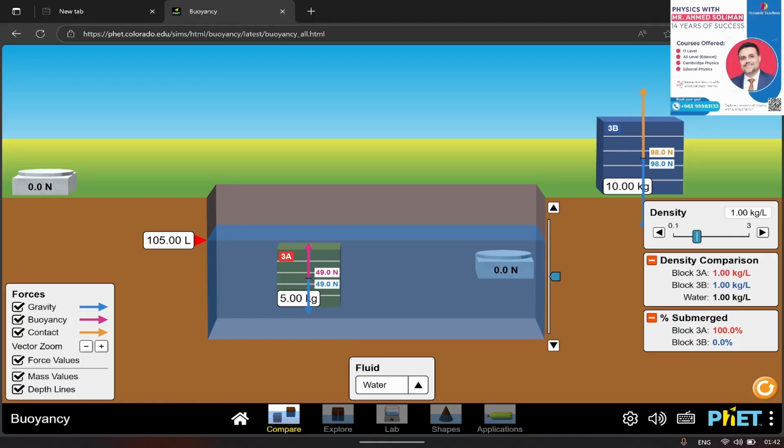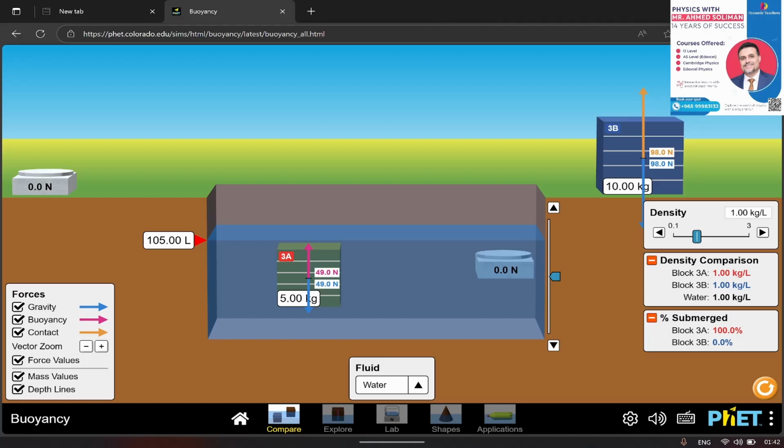Now the volume of the object equals the volume of water displaced, and the density of the object equals the density of water. Okay, and until now weight equals what? Equals upthrust.